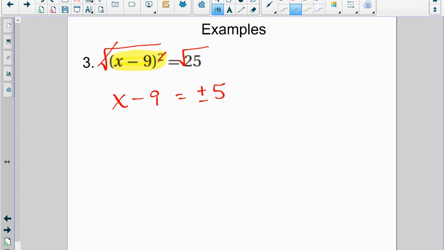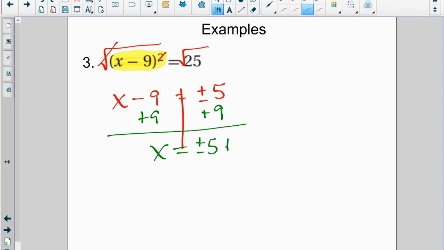All right, so how do we finish solving something like this? What we do is we basically just draw your line, get x by itself. So add 9 on both sides. X is going to equal positive and negative 5 plus 9. Now, we have to think about what does that actually mean?